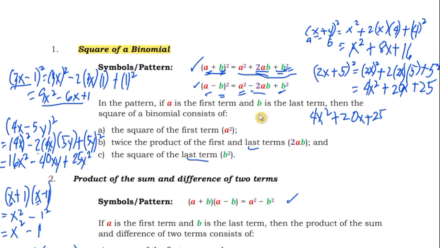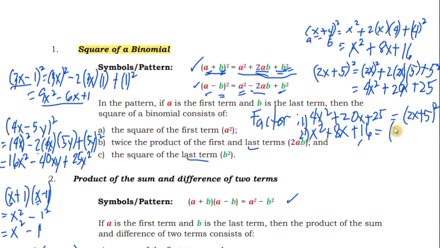Meaning to say, if we reverse the order, that is factoring. So the answer now is 2x plus 5 quantity squared. Then example number 2, x squared plus 8x plus 16, and the reverse order is x plus 4 quantity squared.